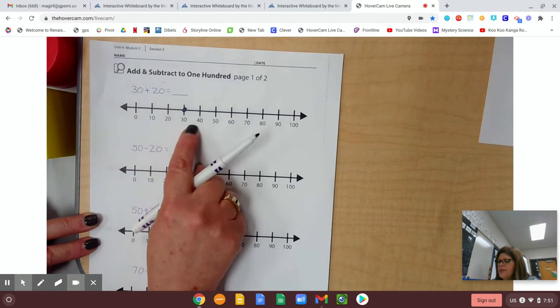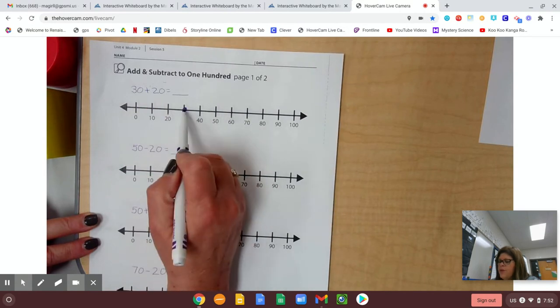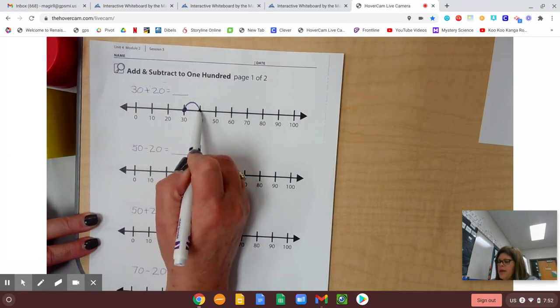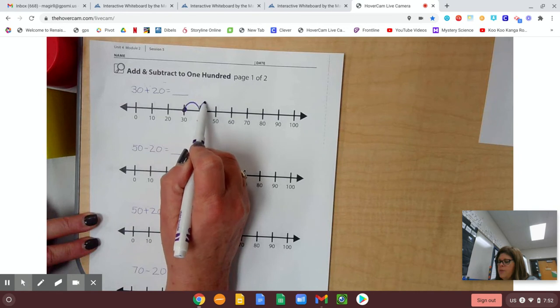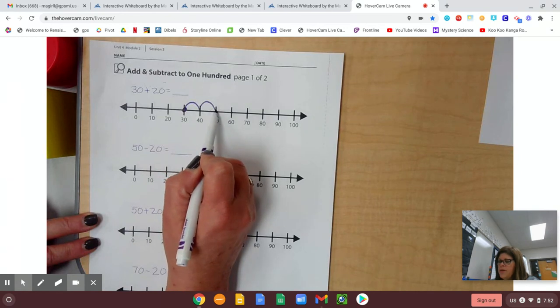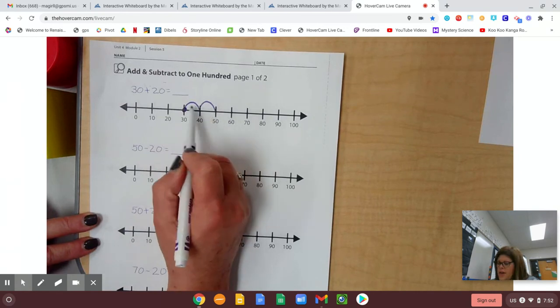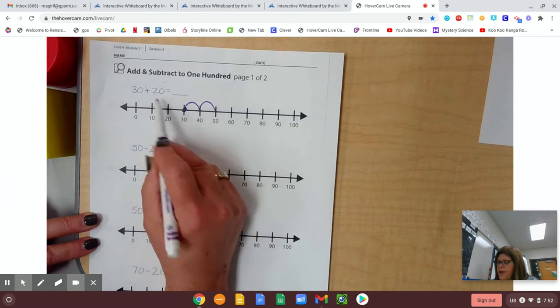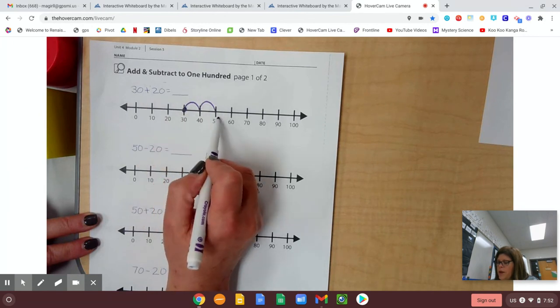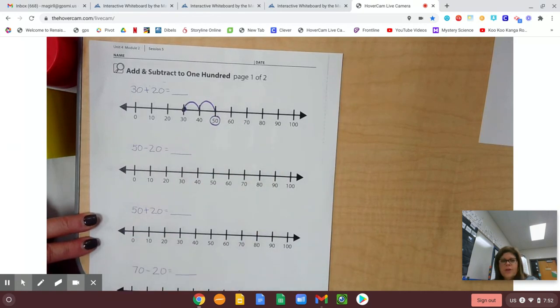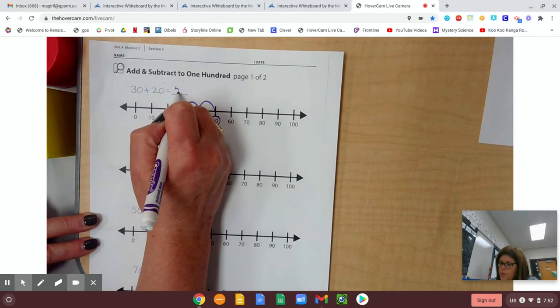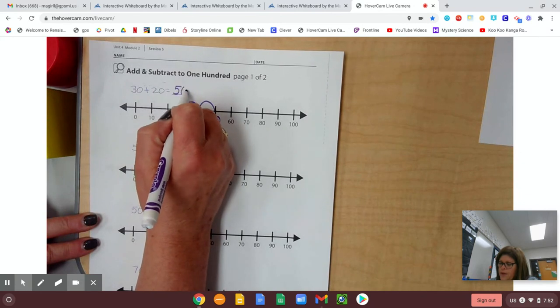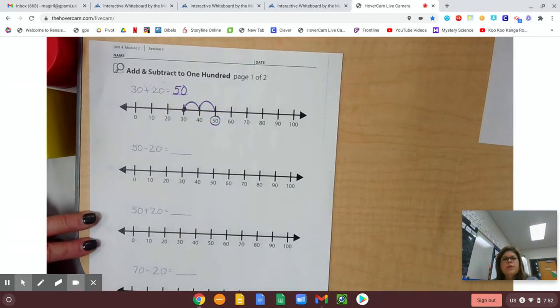So remember, because this is a tens number line, the first jump is worth 10, and the next jump is worth 20, or it's another 10, 10, 20. So I started on 30, and I added 20 more. This is where I stopped. What is our answer? 50. So then you would write 50. 30 plus 20 equals 50.